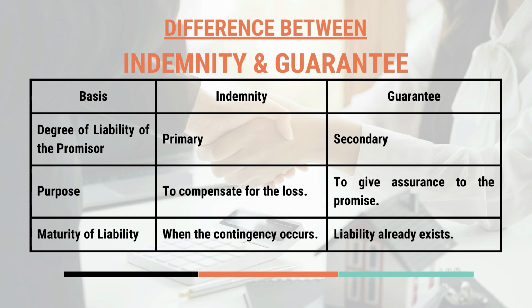Whereas the purpose of contract of guarantee is to give assurance to the promisee. Next difference is maturity of liability. So, contract of indemnity will work when there is a loss. And in the case of guarantee, liability is already existing, right?